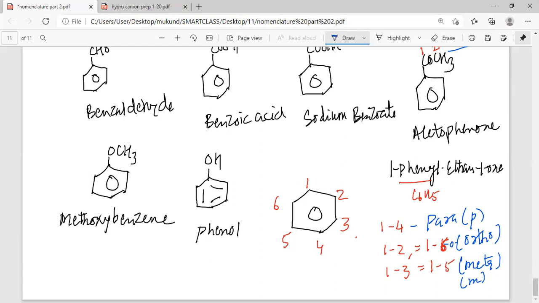My dear students, when a benzene ring has got CH3 and OH, please remember, then it is known as a cresol.